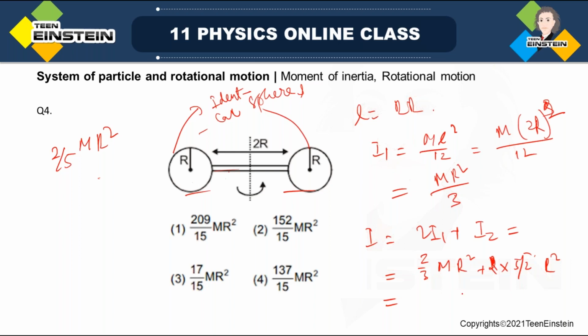Okay, let me just write once again. 2 into m r square by 3. Then I2 is the moment of inertia of each of them.